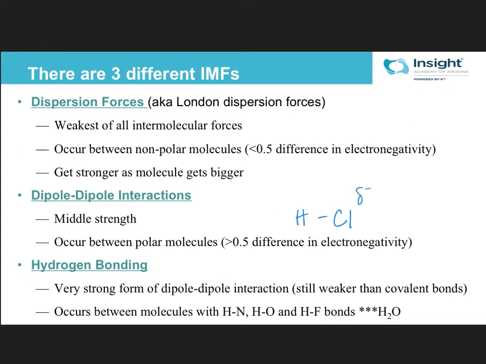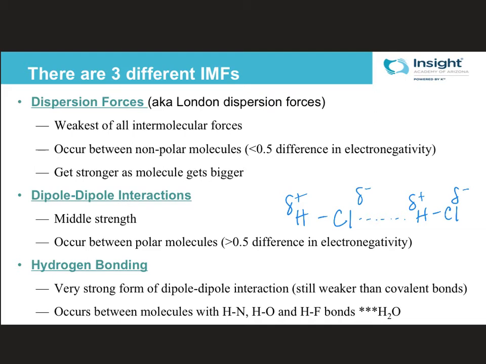So chlorine will have a slightly negative charge, not a full negative, just a partial negative. That's what that symbol is, I think that's delta. Whereas hydrogen will have a slight positive charge, which means if you have neighboring hydrogen chloride molecules, you're going to get a weak attraction between the negative chlorine end and the positive hydrogen end. So that's a dipole-dipole interaction.